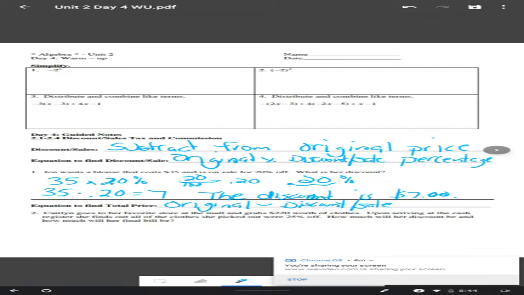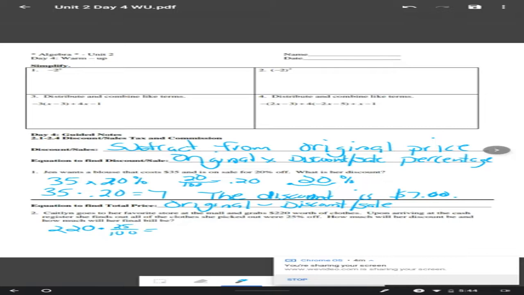So it says Caitlin goes to her favorite store at the mall and grabs $220 worth of clothes. Upon arriving at the cash register, she finds out all of her clothes she picked up were 25% off. So we do 220 multiplied by that 25% off divided by 100.